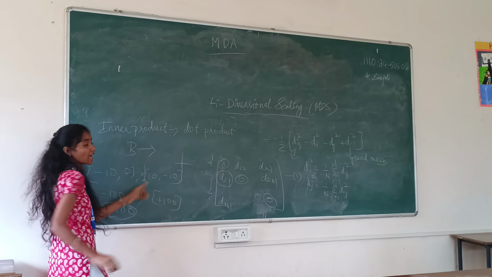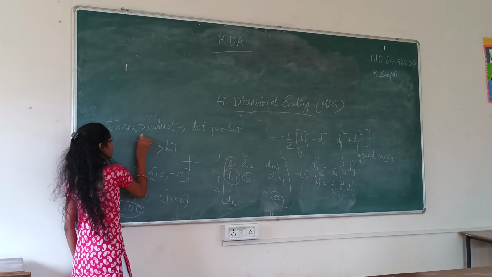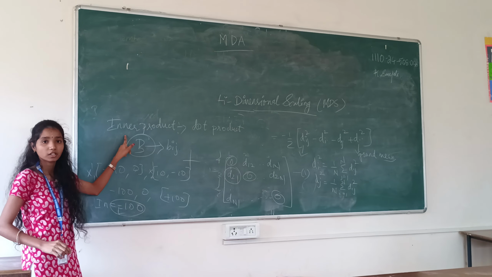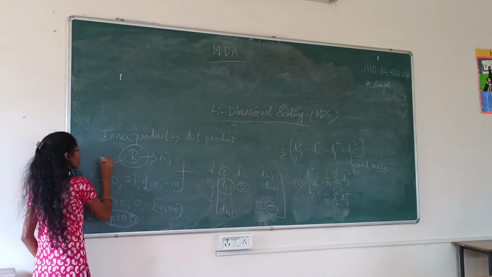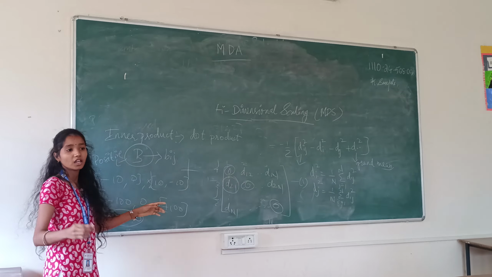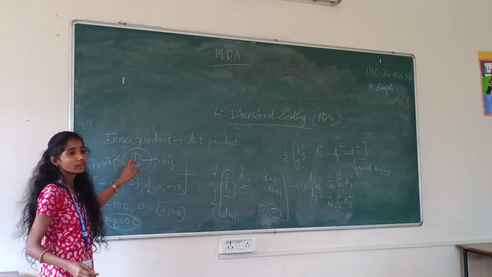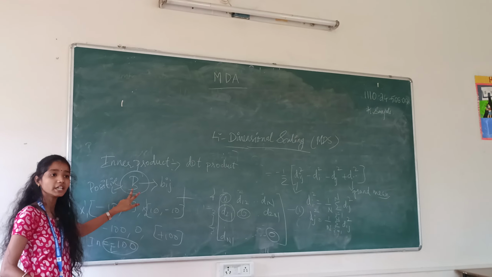And I have said the transformed matrix B will contain b_ij elements. This B is nothing but the inner product matrix, and we take B as positive semi-definite. If you see in your formula, if D is a Euclidean distance, then B must be positive semi-definite.